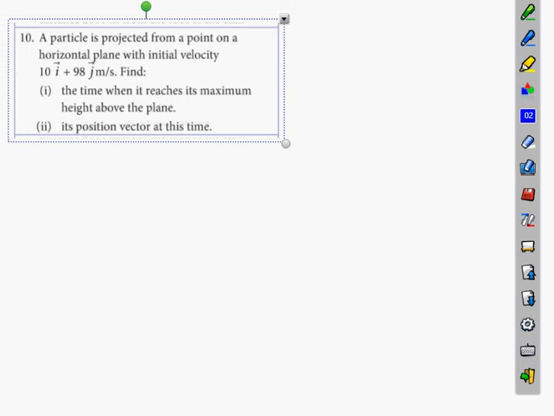At the very start of nearly every projectiles question, you're always going to make your two V equations, then you're going to make your two S equations. So V equals U plus AT. Then you go across and look at the X direction. Vx equals U, which is 10, because every second it's going 10 across, 98 upwards.